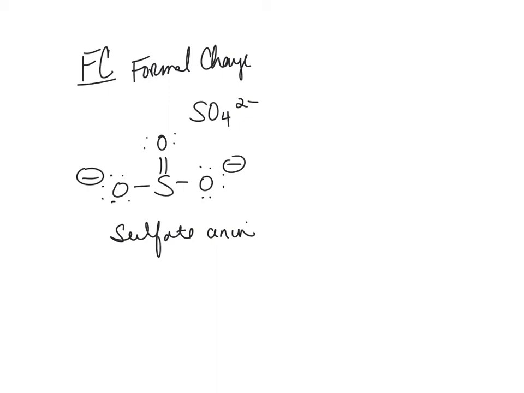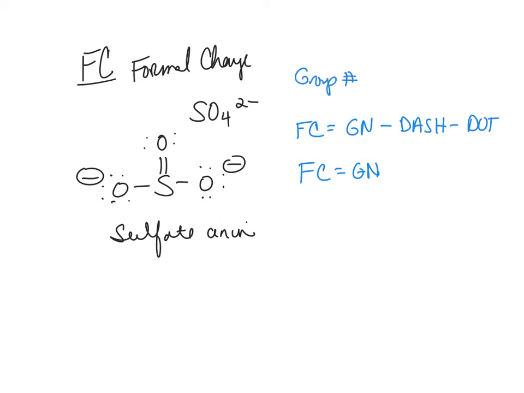Now, to do formal charge, you need this formula. Group number minus dashes minus dots. And that's also formal charge is group number. GN is group number. Dashes is covalent bond. So however many covalent bonds.